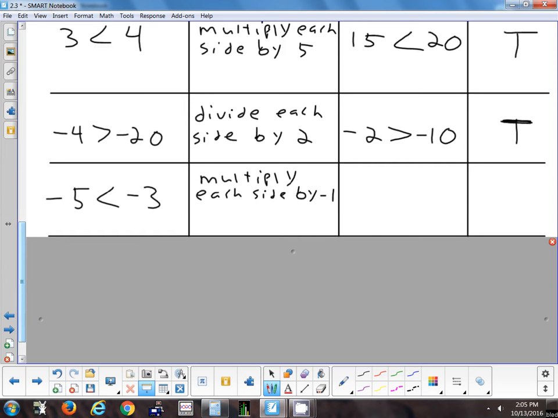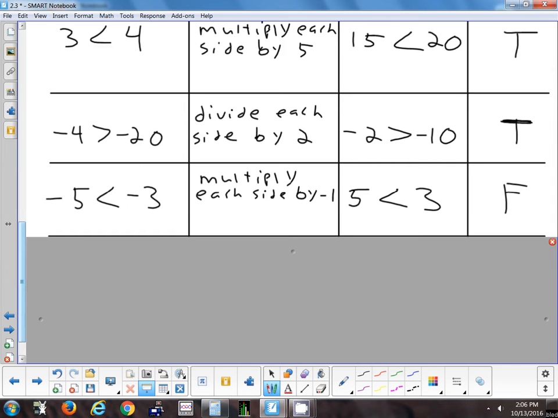Trenton, what do you get if you multiply the left side by negative 1? 5. And how about if you multiply the right side by negative 1? 3. My new inequality, 5 is smaller than 3. That's false. So something didn't work here.